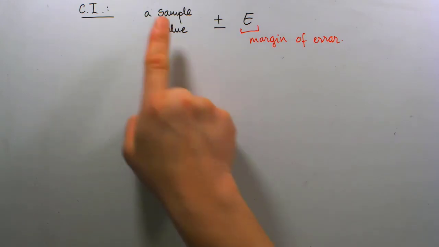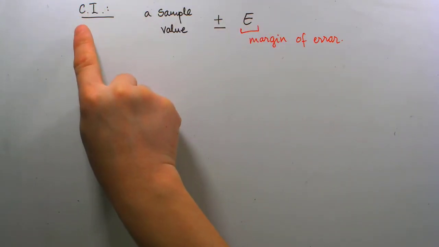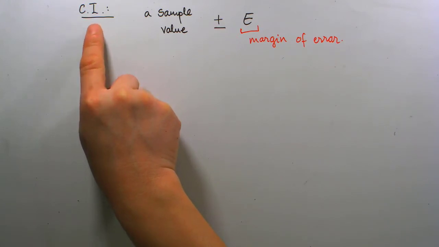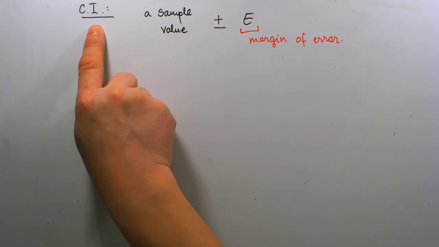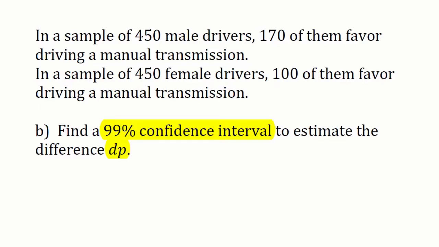And another highlight to remind, after you have viewed my other videos about how to find a confidence interval, is that a confidence interval is always used to estimate a value. And so in our case here, let's look back at the wording in the problem. We want to come up with the confidence interval to estimate the difference dp.